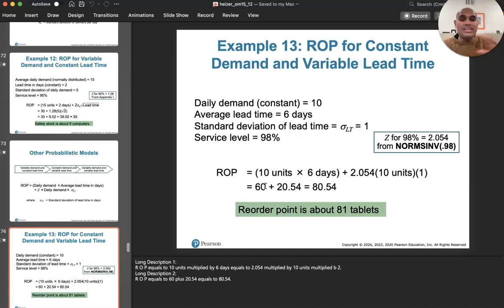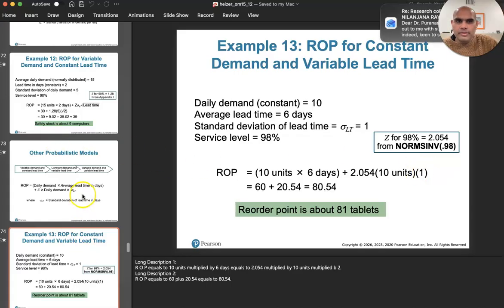If there was no variability in anything, this would be your reorder point. But because lead time is variable, you're going to add some safety stock, and the safety stock will be the z value that we calculated. Multiply that with the standard deviation, and this time, multiply that with the length of the lead time, which is average daily demand 10, and then you multiply that with the standard deviation of lead time, right?